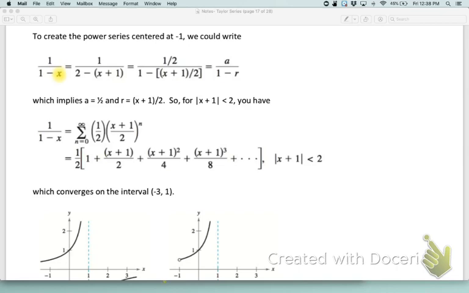If I want to change the center to -1, remember that that has to be in the form of x minus c. So x minus -1 is why this becomes x plus 1. Okay, now we have to do a little bit of magic to get that into this form of a over 1 minus r.